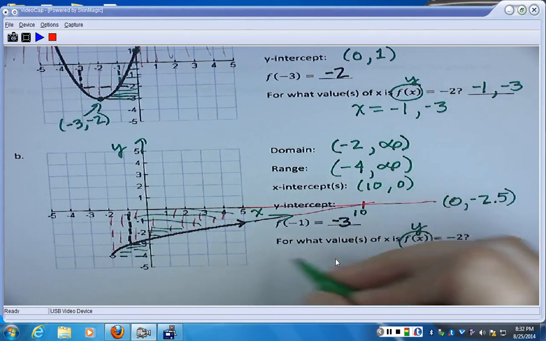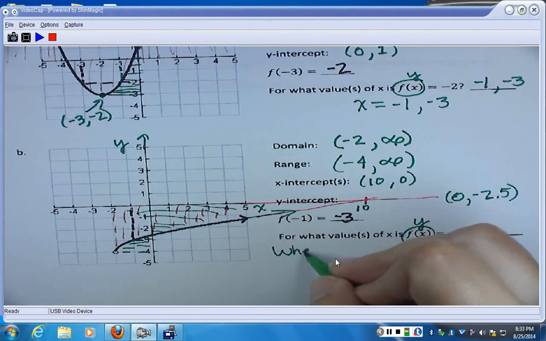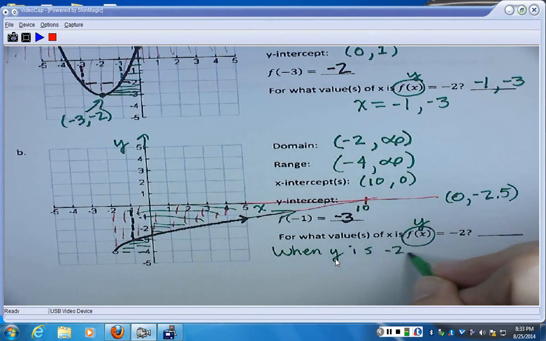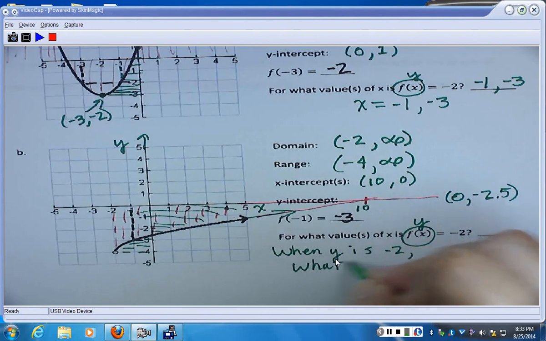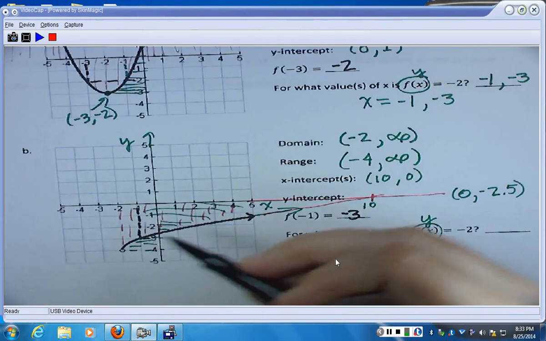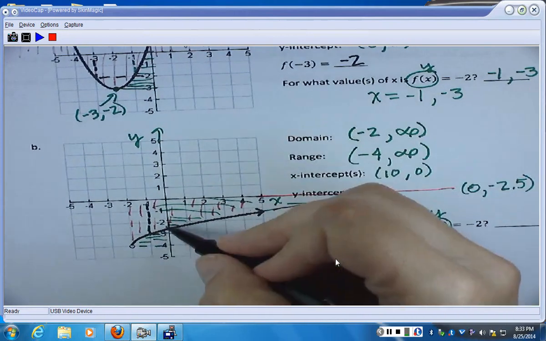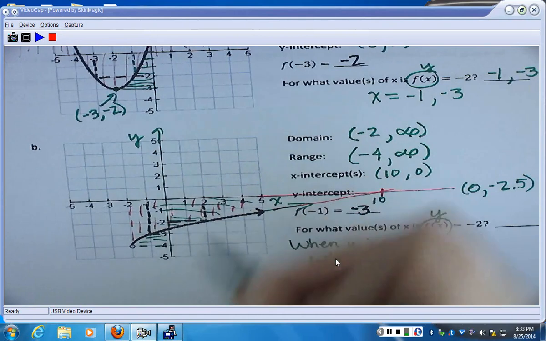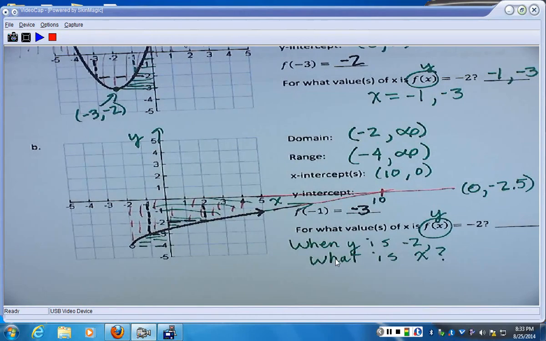So when y is -2, what is x? It's about 2. So that's 2.